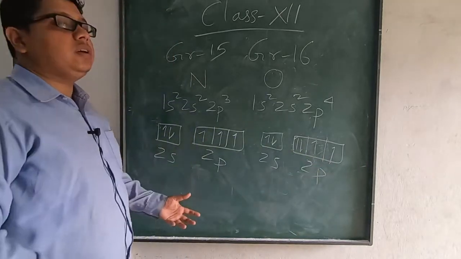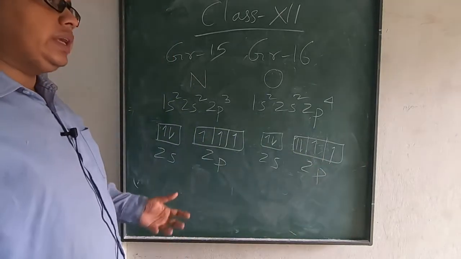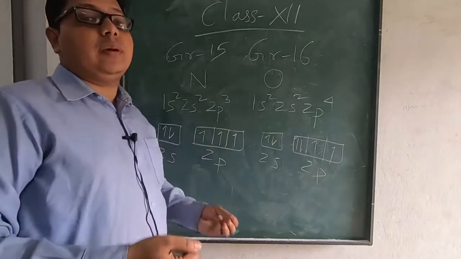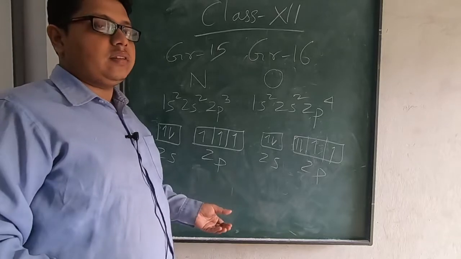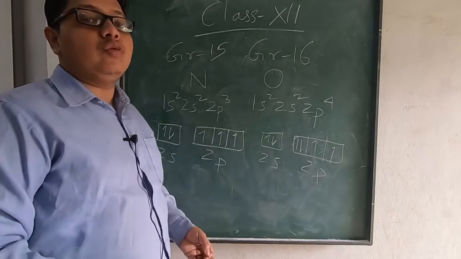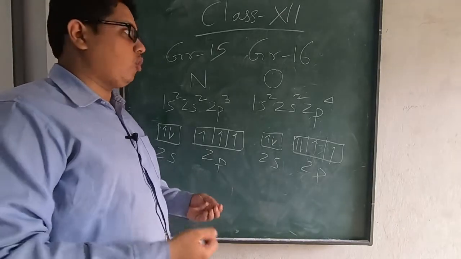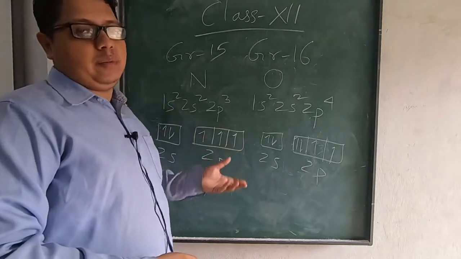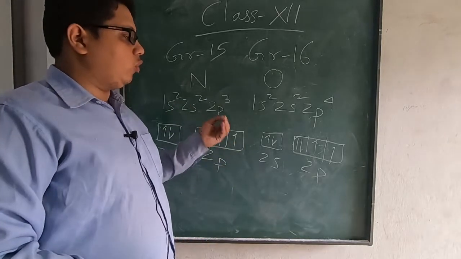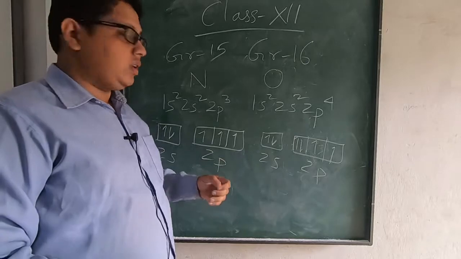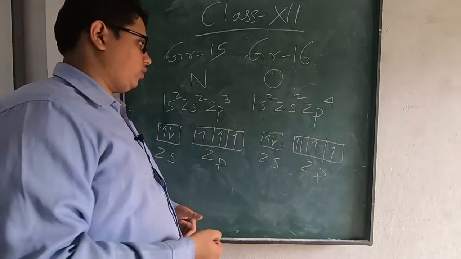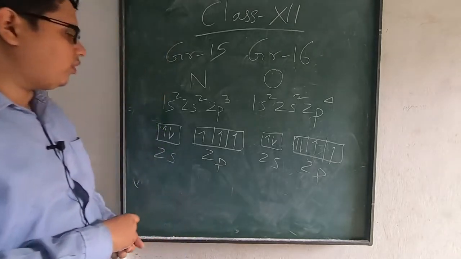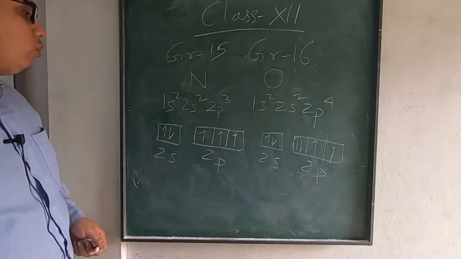Half filled electronic configuration gives extra stability to the group 15 elements, and hence it is more difficult to remove electrons from group 15 elements than from group 16 elements. The same can be seen in the case of sulfur and phosphorus. If I write sulfur and phosphorus here, nothing much would change.